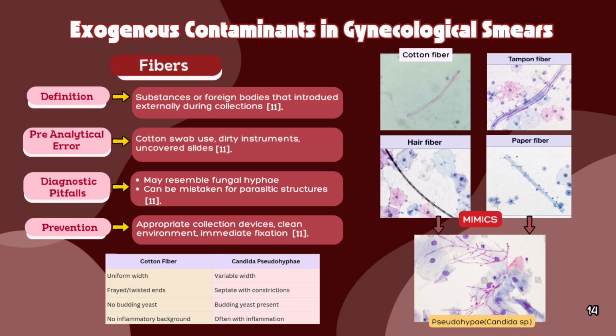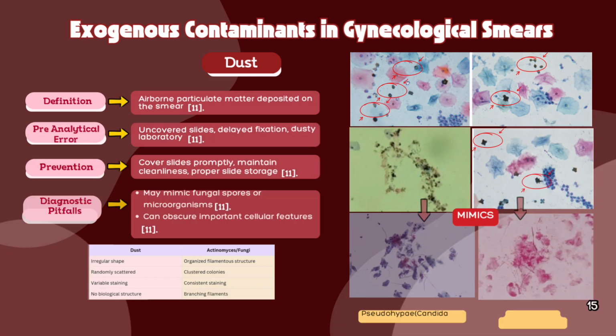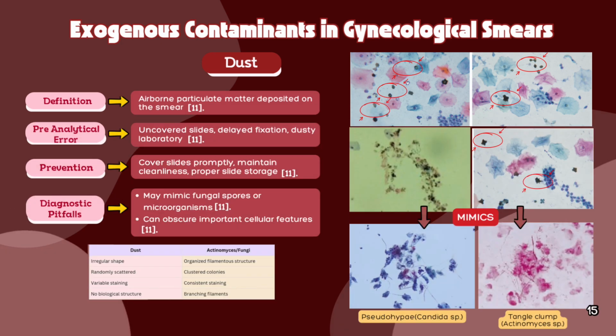In contrast, fungal structures such as Candida pseudohyphae usually show variable width, septation with constriction, and budding yeast forms, often associated with an inflammatory response. Therefore, proper slide handling, using appropriate collection devices, maintaining a clean environment, and immediate fixation are important steps to prevent fiber contamination.